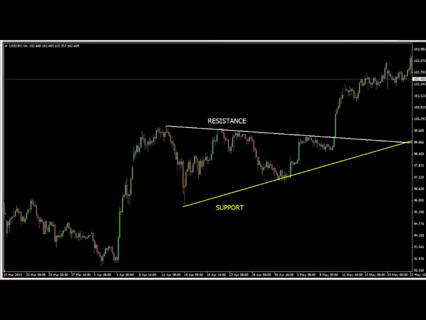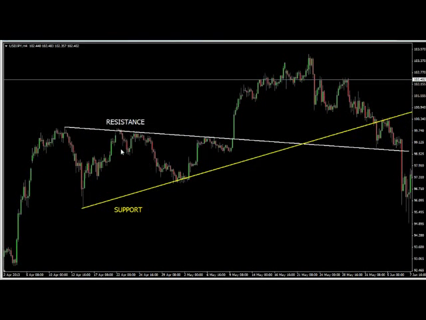Sometimes you'll only have a level of resistance or only have a level of support, which is completely fine. But when you have both of them together, it narrows price to a certain angle or boxes in price at a certain level and gives you much more information based on which direction you should choose, when it's going to break out, how it's going to break out, and so forth.